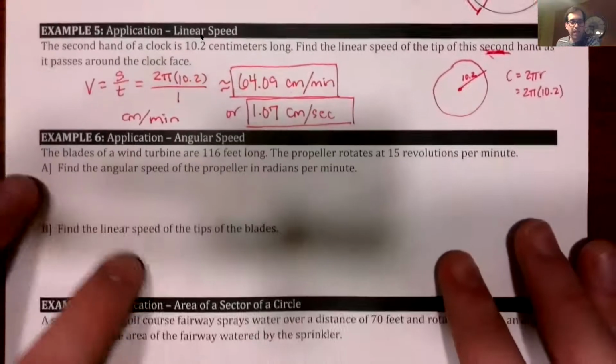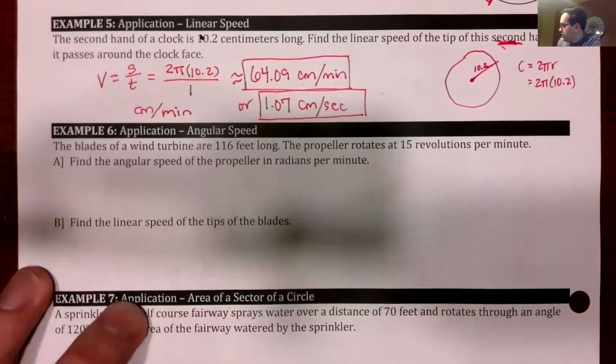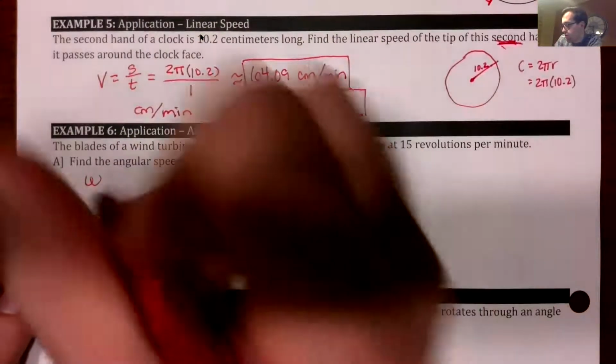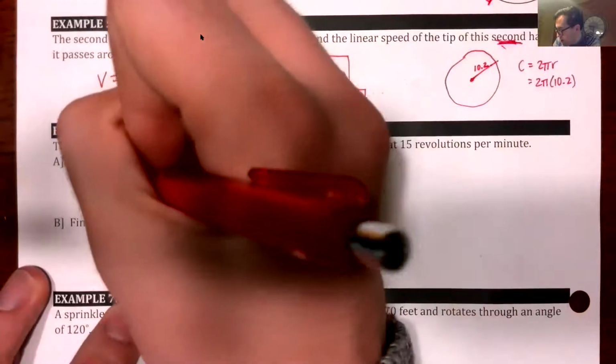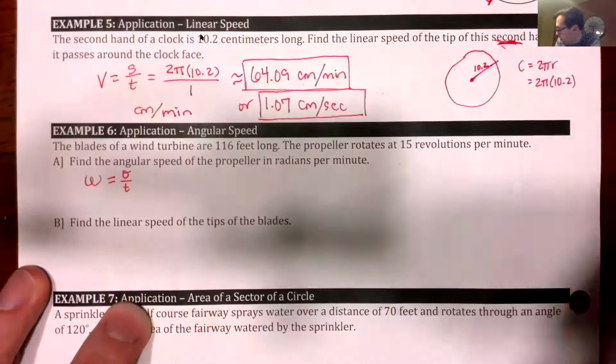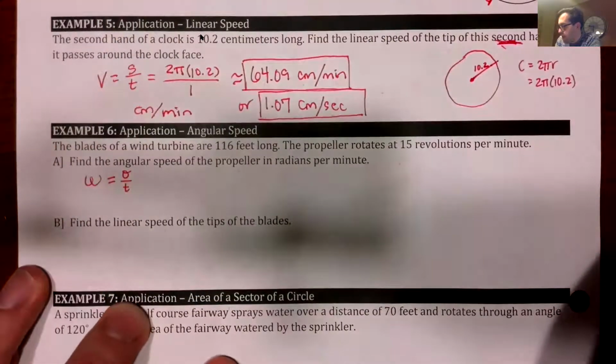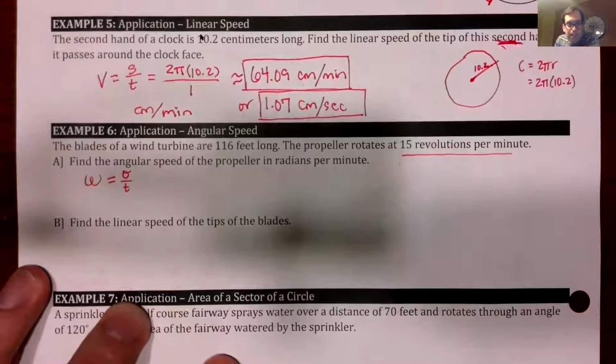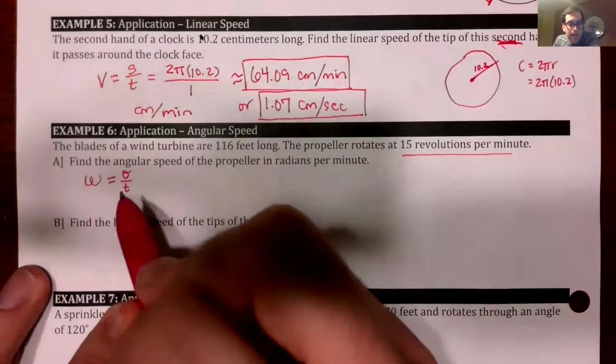Okay, so let's take a look again. So we've got that formula, omega, which looks like this if you write it with a pen or pencil, equals theta over t. And so we've got to figure out, if we know it's moving 15 revolutions per minute, how do we plug that in here?